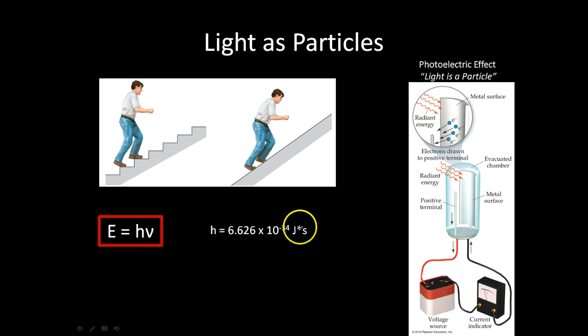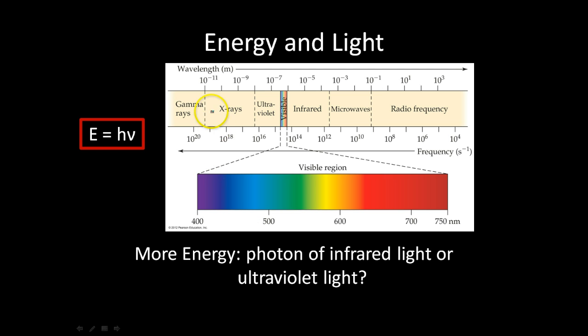This is a times symbol, so joules times seconds. That's the units of Planck's constant. So we can use this relationship and multiply any frequency of light by Planck's constant to calculate the energy.